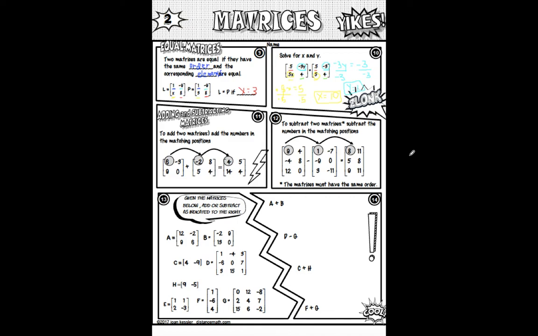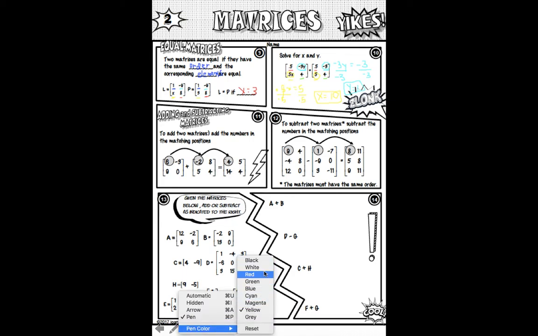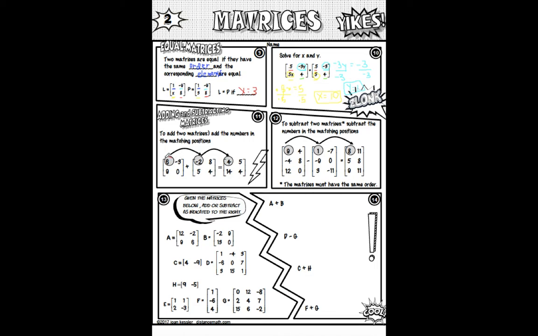So let's talk about adding and subtracting matrices. It says to add two matrices, add the numbers in the matching positions. Instead of saying matching positions, I want to use the term corresponding. So we want to add or subtract the elements that are in corresponding positions. So notice here I have it circled. 6 corresponds to -2. So 6 plus -2 is going to be 4.